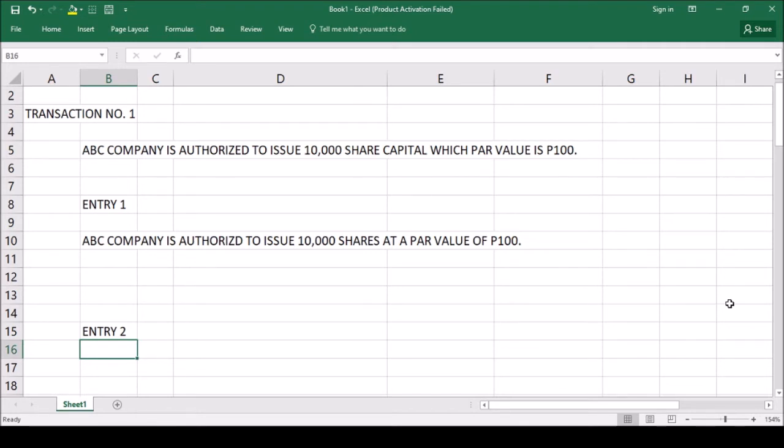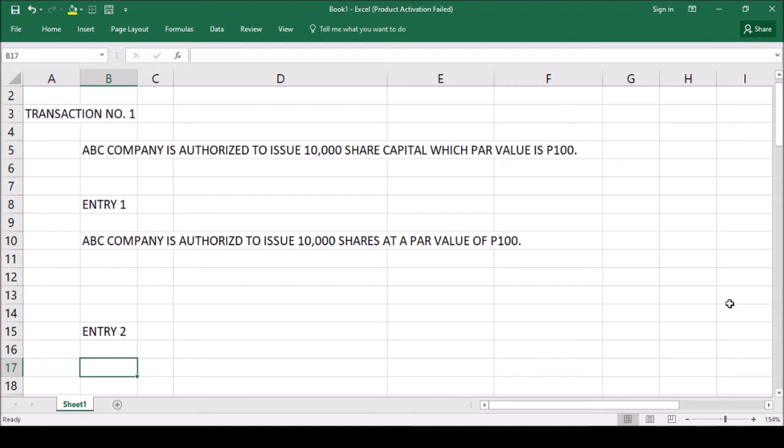So, even if the problem is silent as to the subscription, we need to prepare an entry for that, because that is the provision provided by the law, that the incorporators are mandated to subscribe at least 25% of the authorized shares to be issued by the company. So in this case, we need to prepare an entry.